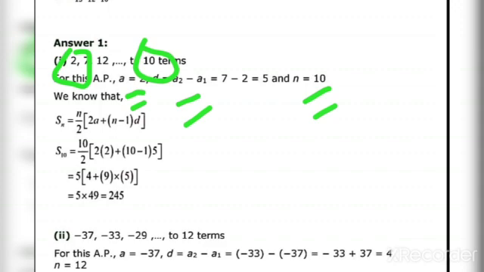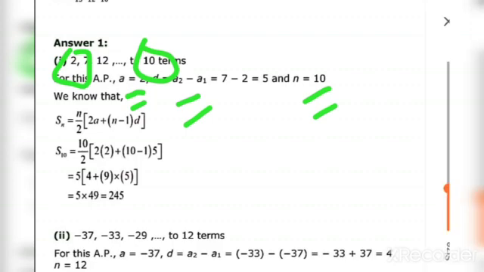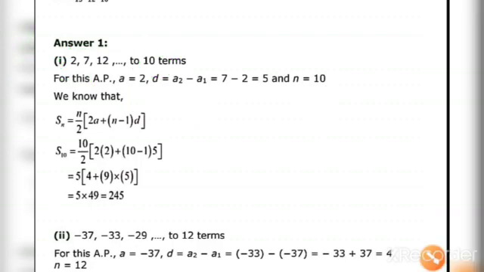So by using this, you just have to put the values in the equation of the sum of the arithmetic progression, nothing else.